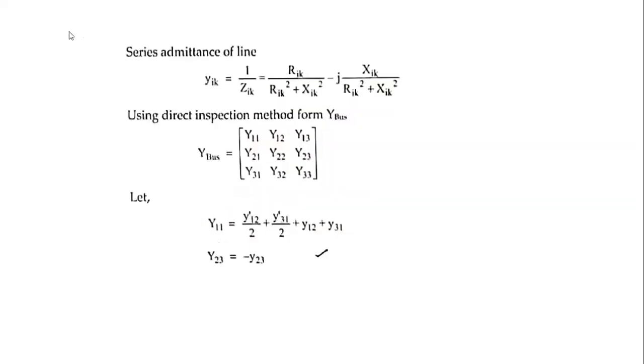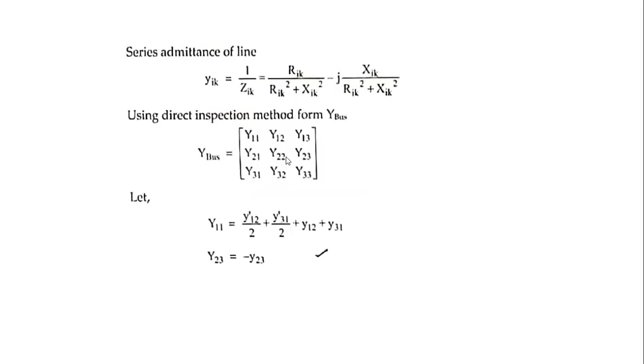After completing the formation of the line data, we form the Y-bus matrix by using the direct inspection method. First of all, we write down the admittance formula, that is Yik is equal to 1 by Zik, which is Rik by Rik square plus Xik square minus j Xik by Rik square plus Xik square.